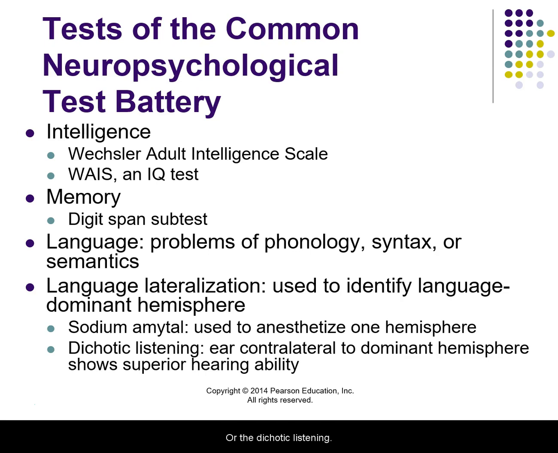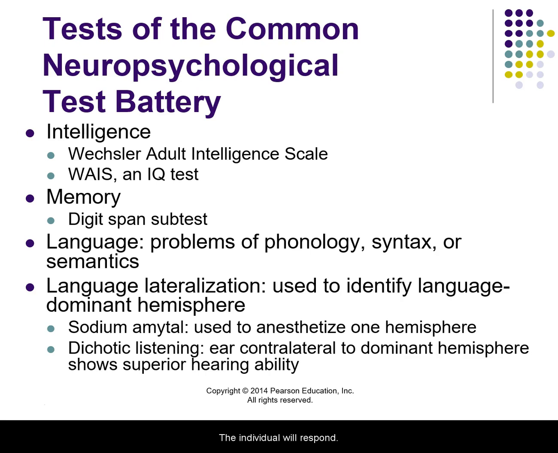Or the dichotic listening, where the individual puts on a pair of headphones, and in one ear they're provided 5 numbers. Let's say 5 numbers to the left ear, and then 5 numbers, but different numbers, to the right ear. And then they ask them, how many numbers did you hear?